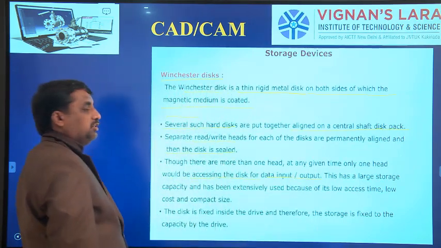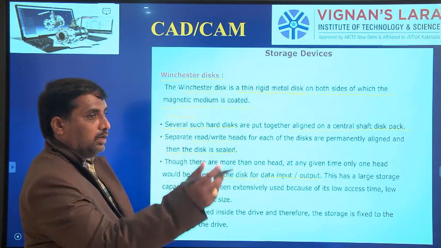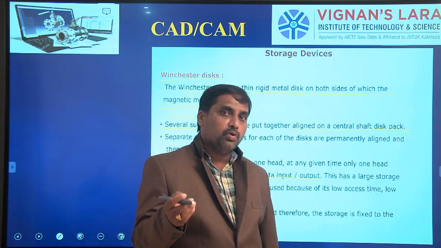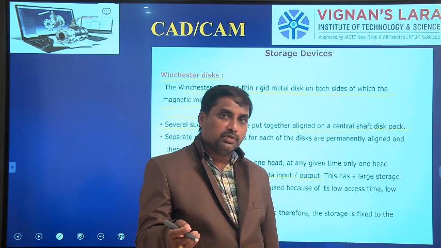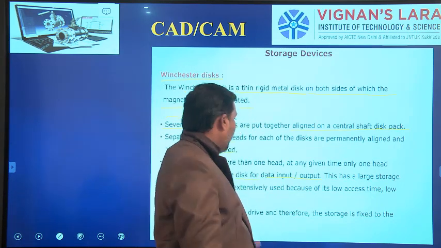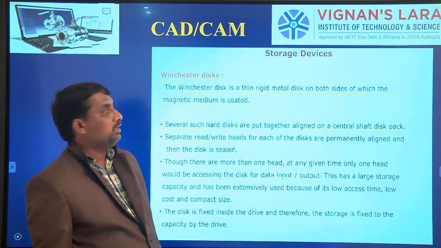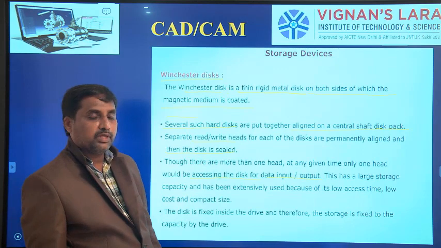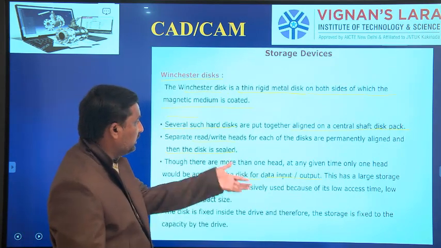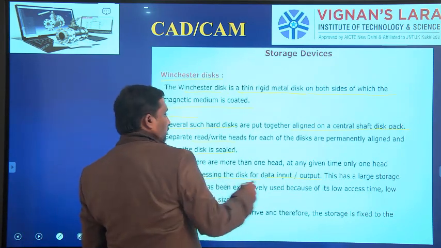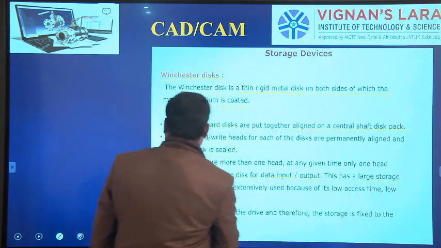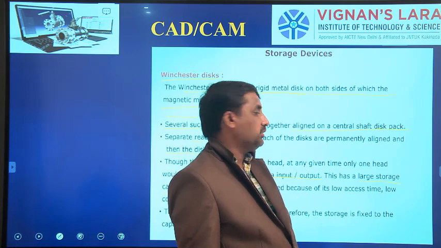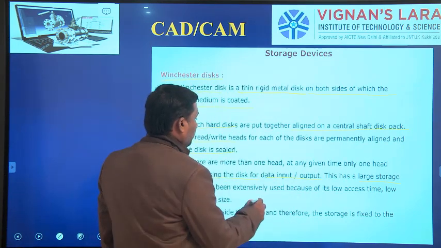In a single platter, there is a limit, and we can store only a small amount of data. But here we have multiple read and write heads and multiple metallic disks, so we can store a large amount of data. That is what is called large storage capacity. It has been extensively used because of low access time.